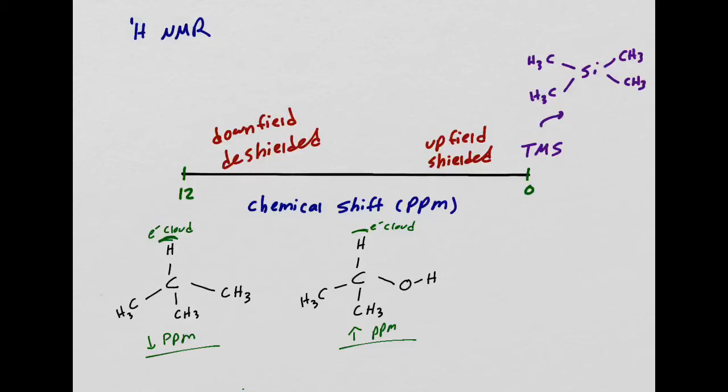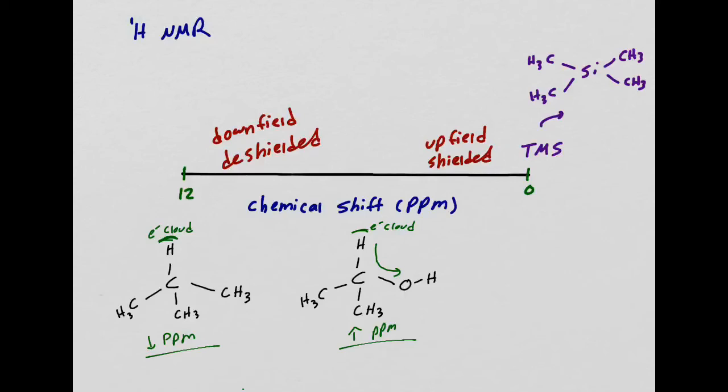Sounds good? So this is why when you're upfield and you have a low ppm, you are shielded. When you're downfield and you have a high ppm, you're de-shielded because a lot of the electrons are being sucked away and they're going to go towards the oxygen. Yeah? Okay. All right, nice job, very nice job.